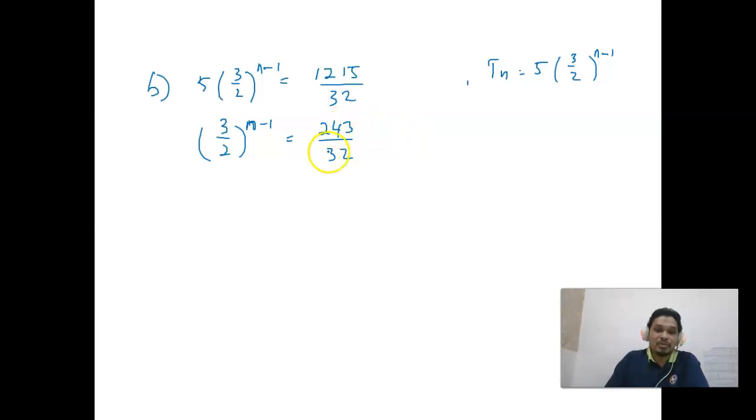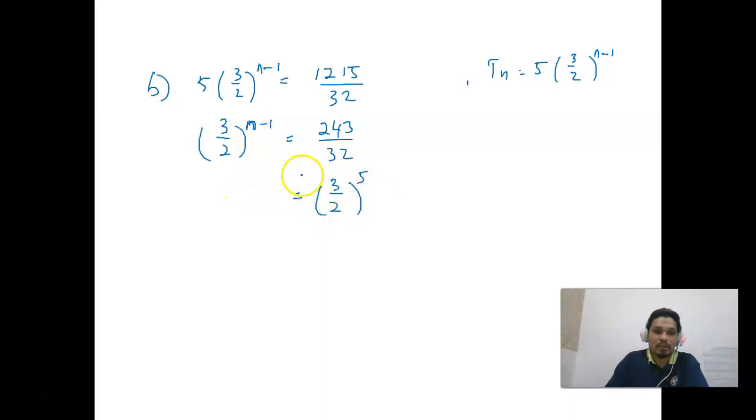And again, for this question, they create a question such that you can relate this with a base of 3 and this one with a base of 2. So just imagine that 243 is 3 to the power of 5, you just write. And then 32 equal to 2 to the power of 5. So (3/2) to the power of 5.